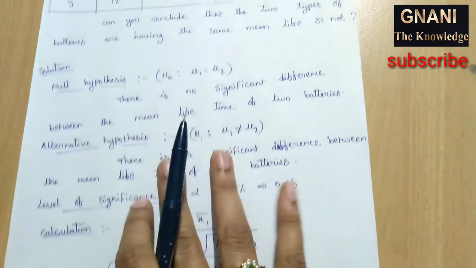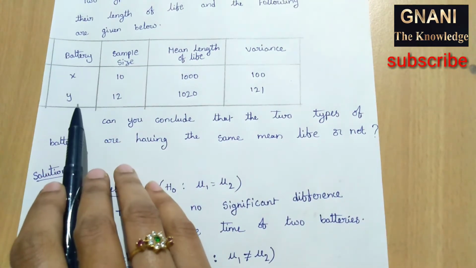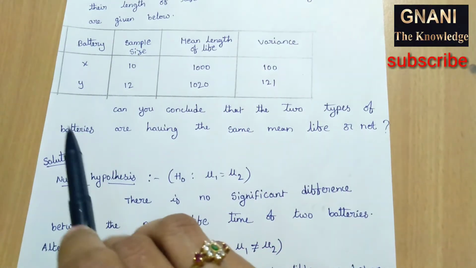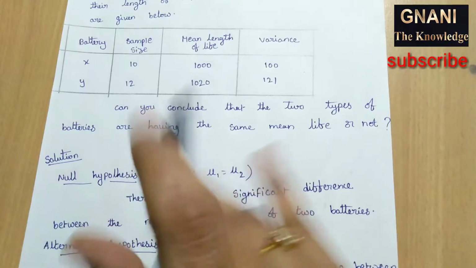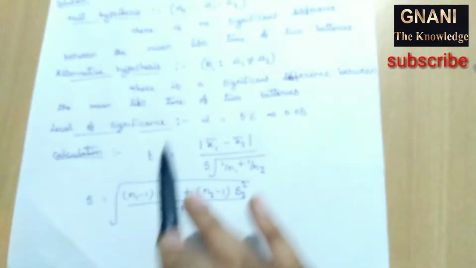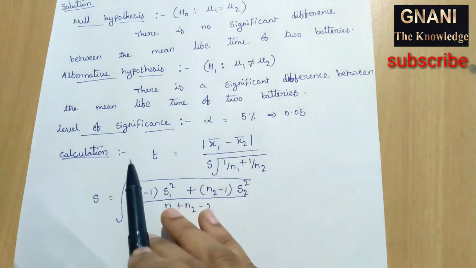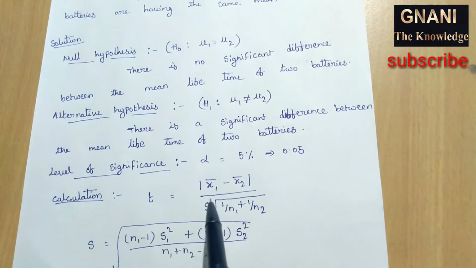In this problem battery X is denoted by x1 and battery Y is denoted by x2. Otherwise we can take them as x and y, and then you can change the formula to x bar and y bar.